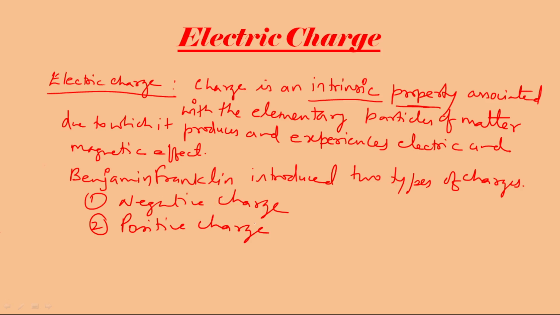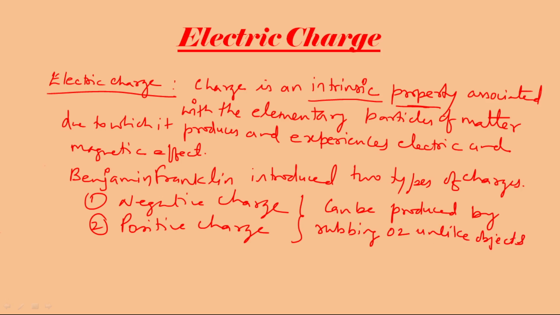And these two charges, positive charge and negative charge, can be produced by rubbing two unlike objects. Like for an example, amber and wood.